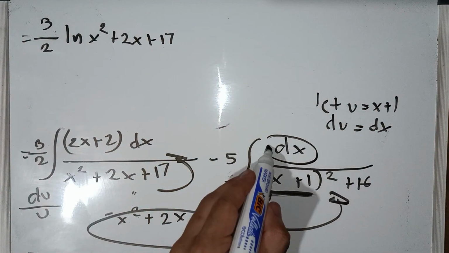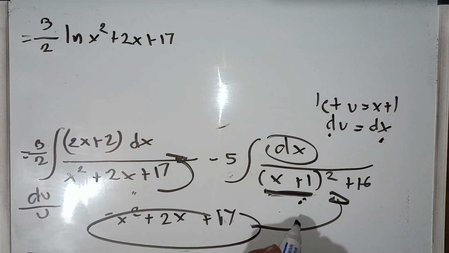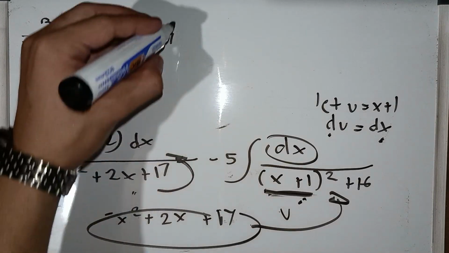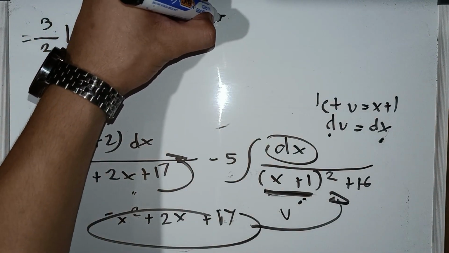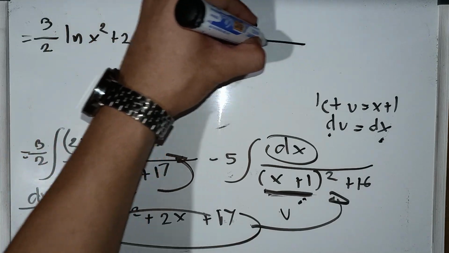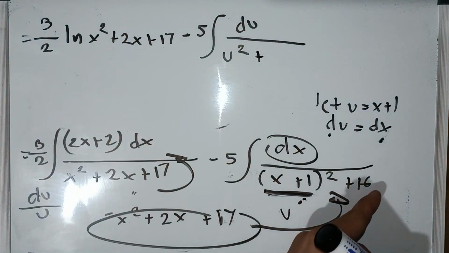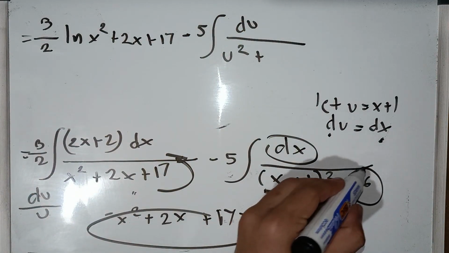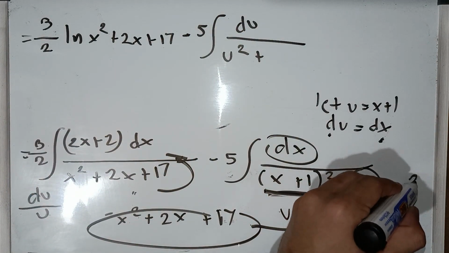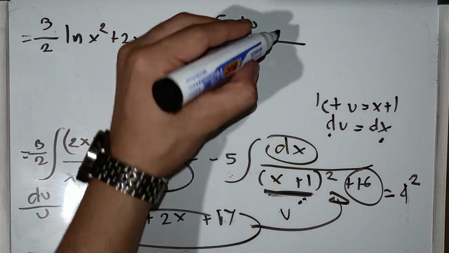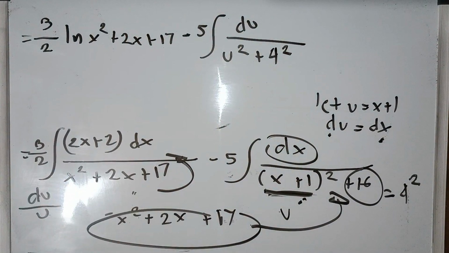Let's use the du in place of dx. So it is equal to 5, the integral of du all over u squared plus, since this is equal to 4 squared, let's use 4 squared.